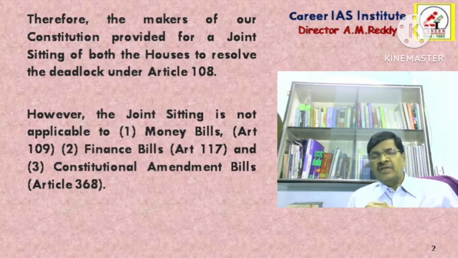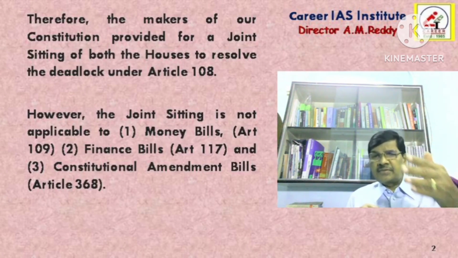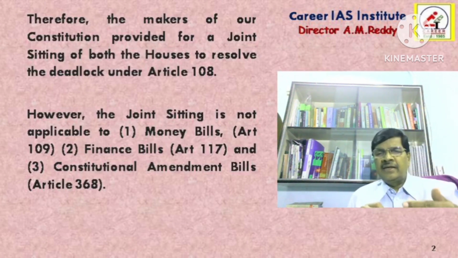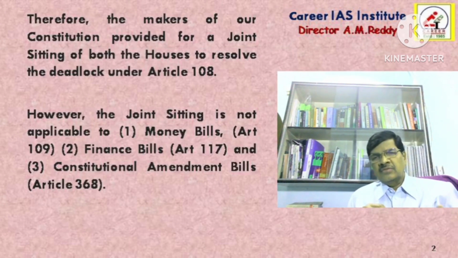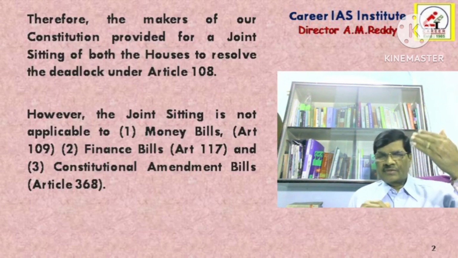That means when a constitutional deadlock arises because of disagreement between the two houses of Parliament over any bill, then Article 108 provides for a joint sitting of both the houses of Parliament.